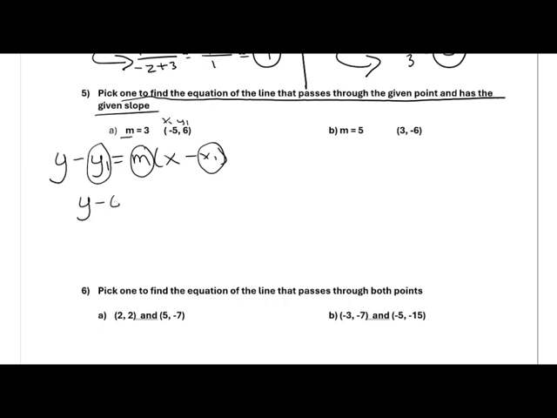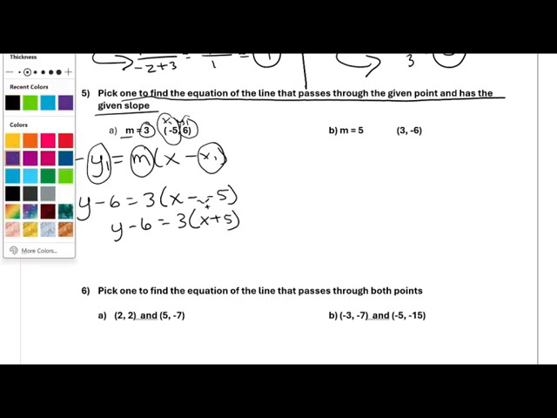Y minus 6, because that's y1, equals m, which is 3, times x minus x1, which is negative 5. That's what I should have. So all I did was plug numbers in. Now I'm just going to simplify because I can see that I can turn these into a plus, so x plus 5.